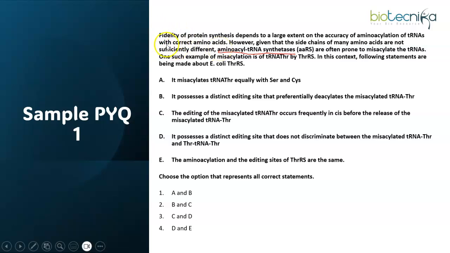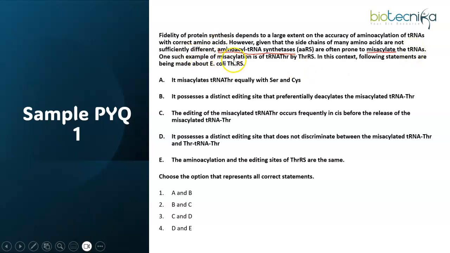So let's see this question. Fidelity of protein synthesis depends to a large extent on the accuracy of amino acylation of tRNAs with the correct amino acid. However, given that the side chains of many amino acids are not sufficiently different, amino acyl tRNA synthetases are often prone to misacylate the tRNA. Misacylating tRNA means attaching a different amino acid from the one it is supposed to attach.